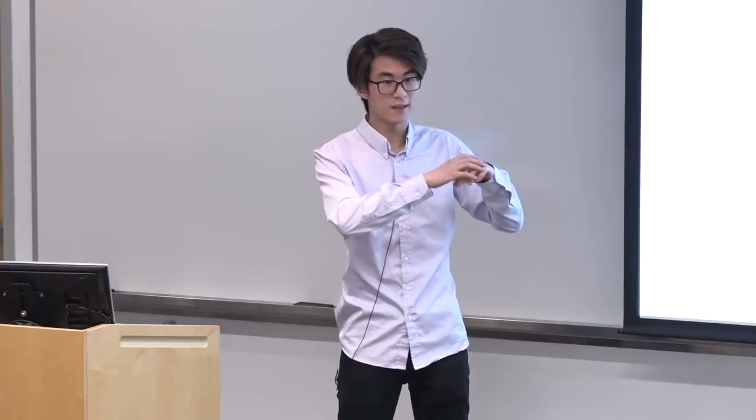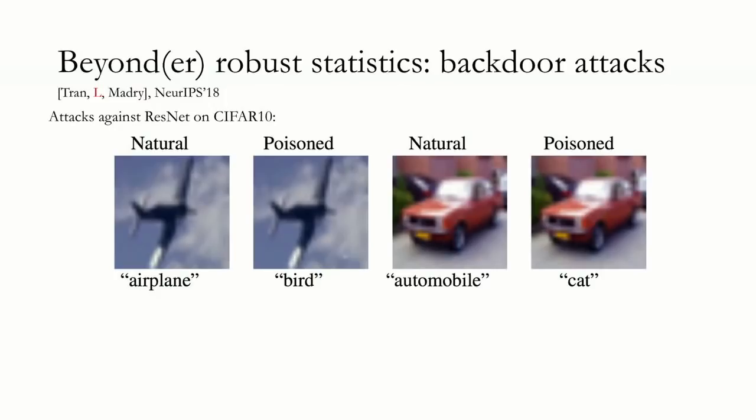But I can change a test image by a little bit, by a predetermined change, and then get it to be misclassified as whatever I want. And these are real. You can do these against CIFAR-10 pretty easily. Here, we made an attack that makes airplanes look like birds if you have this little cloud-like thingy.